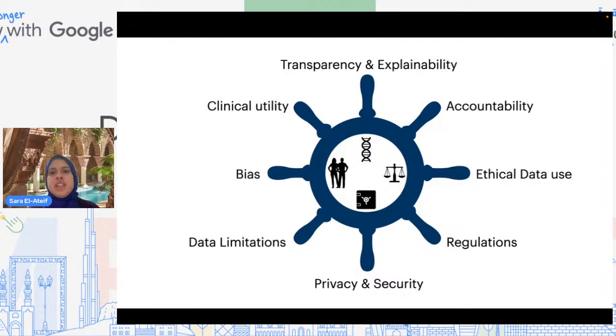Apart from that, there's what we call ethical data use. When we go around collecting data, did you have the consent of your patients, or the people you collected the data from? What kind of data did you use? From what population did you pick it? There are lots of things related just to the data.